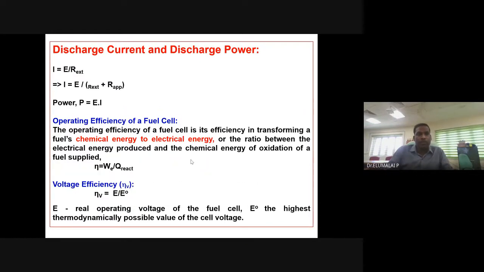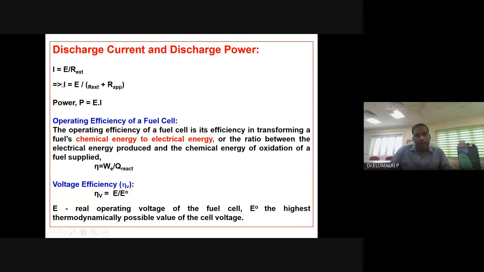Let's move on. Current: discharge current and discharge power are very important in fuel cells. In fact, power density is very important in fuel cells rather than the discharge current. Current can be obtained by using Ohm's equation. If you know these two quantities, it is possible to estimate current.